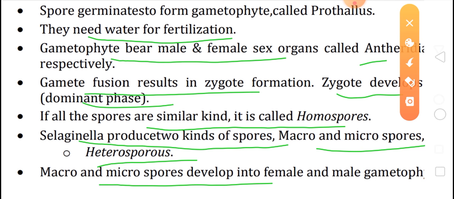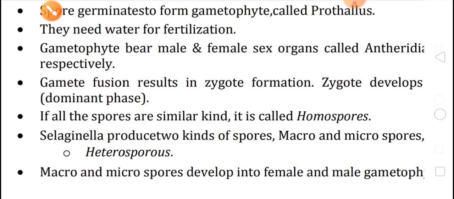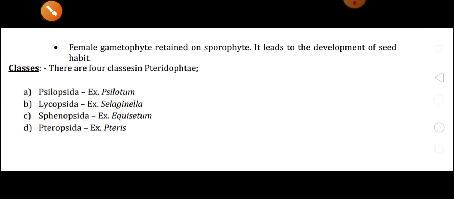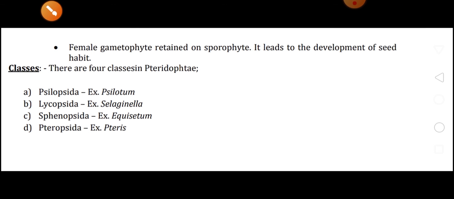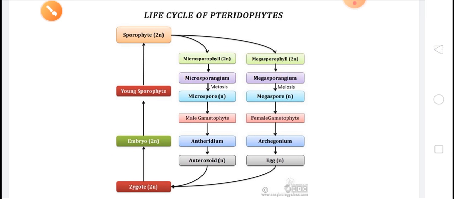We'll see the life cycle now first of all, then we will discuss the classes. See, this is the sporophyte. The sporophyte has the microsporophyll and megasporophyll, which are a kind of leaf. In the leaf they produce the microsporangium and megasporangium.